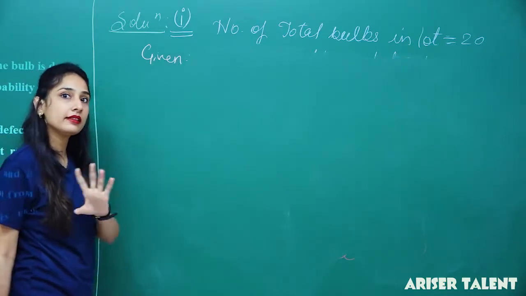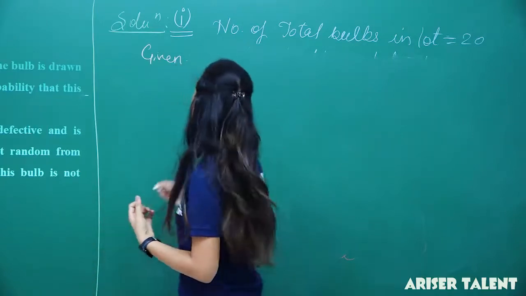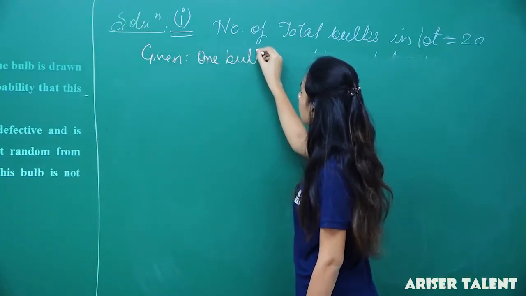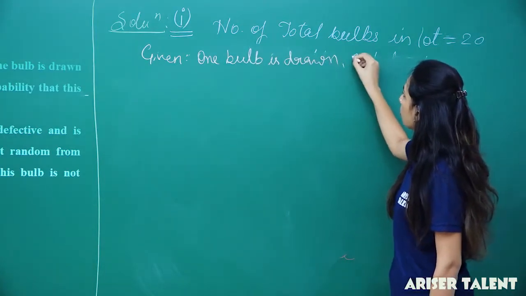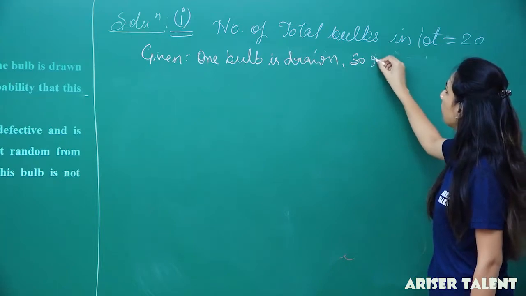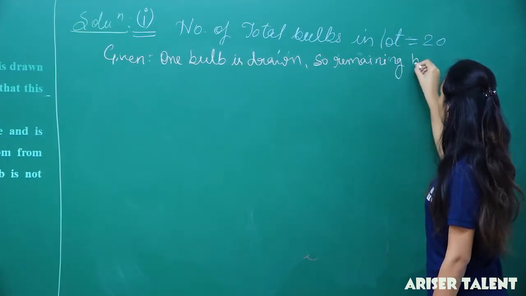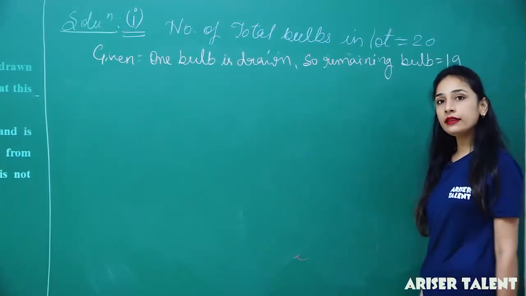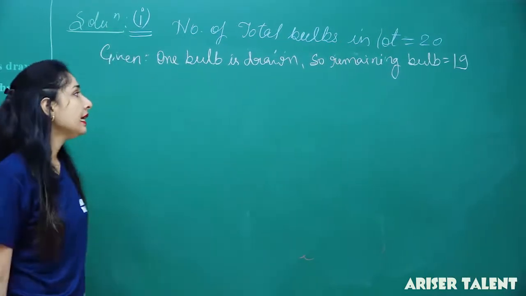In the second part, it's given that one bulb has been drawn. So given one bulb is drawn, remaining bulbs equals 19, isn't it? One bulb has been drawn, so remaining is 19.